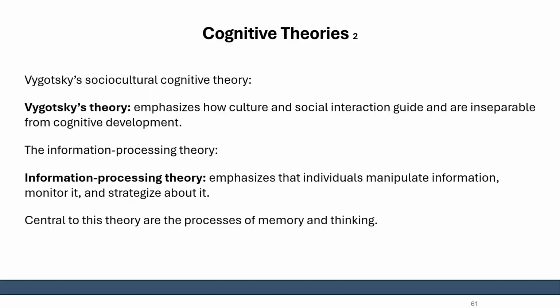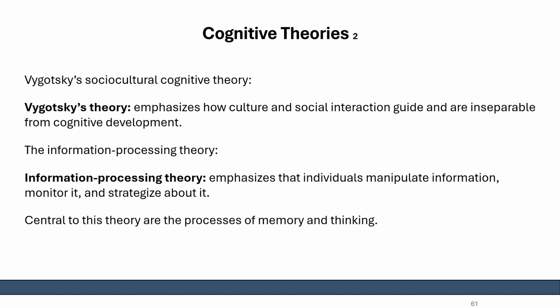Let's talk about Vygotsky's socio-cultural cognitive theory for a second. His theory emphasizes how culture and social interaction guide and are inseparable from our cognitive development. Also, we have the information processing theory. This emphasizes that individuals manipulate information, monitor it, and strategize about it.